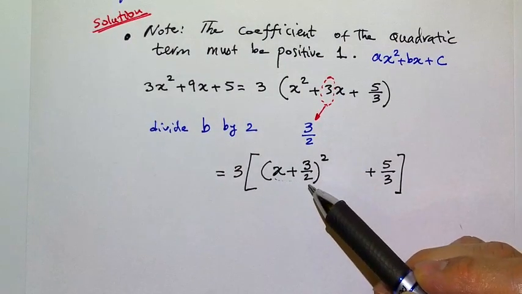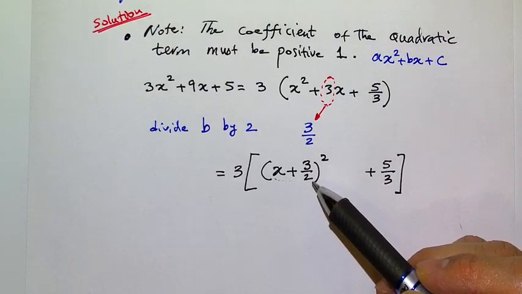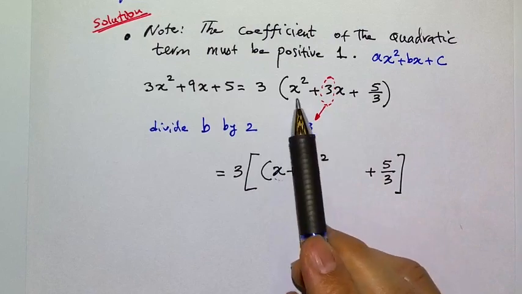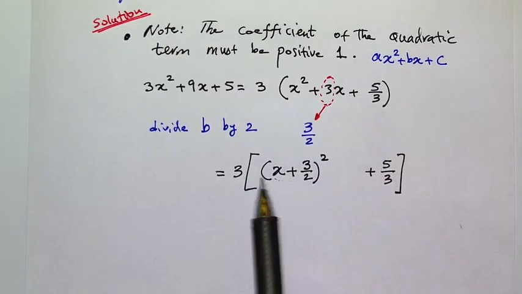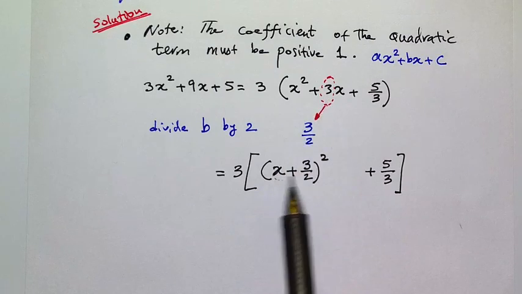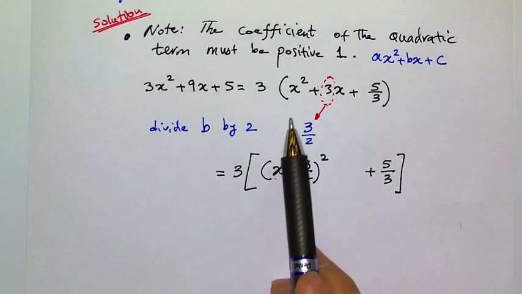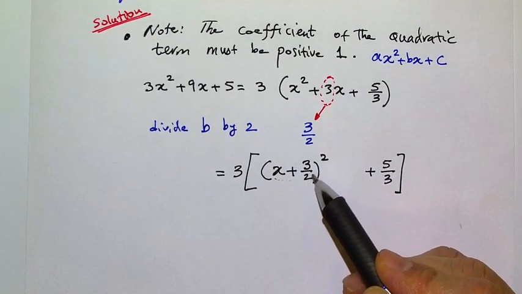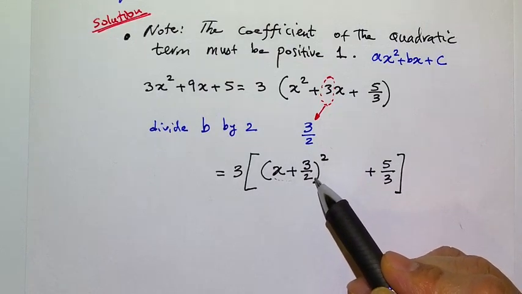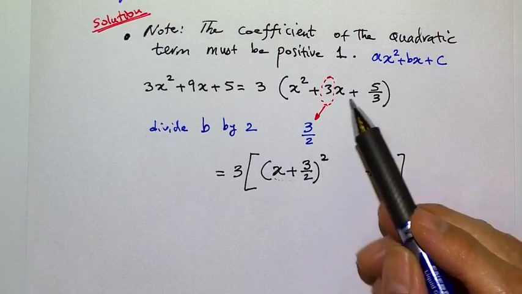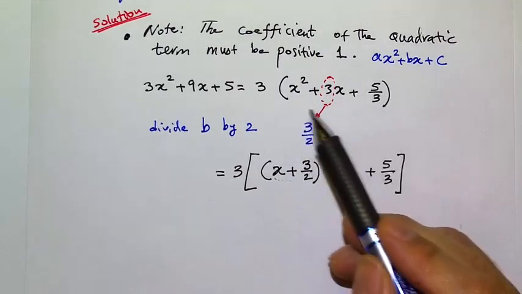The problem I created is an additional value that wasn't there before. So x squared is x squared. 2 times x times 3/2 is just going to give us 3x, right? So far, so good. We get what we had. But then plus 3/2 squared, I get positive 9/4, which wasn't here before, right?